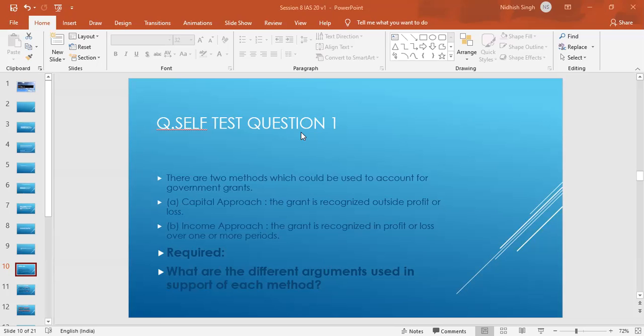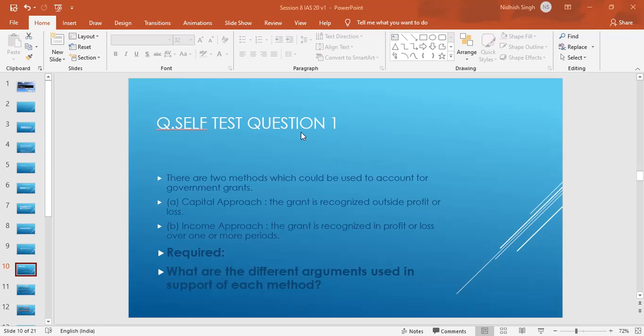So, Nidhish, as per my understanding, I will go with the capital approach, because this is the simple way. Capital approach means directly impacting the balance sheet positions, and this means the grant will add to the total investment of the business.